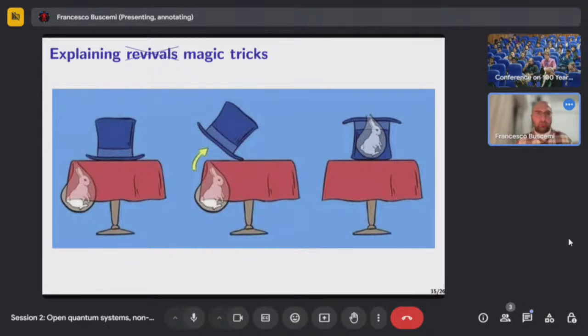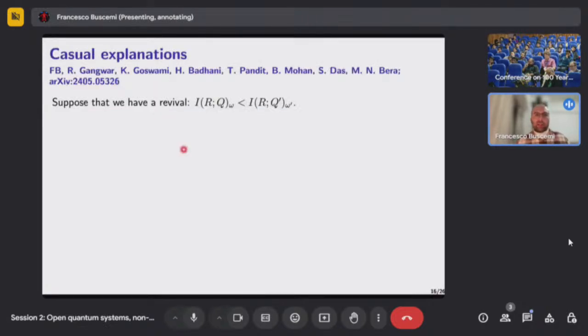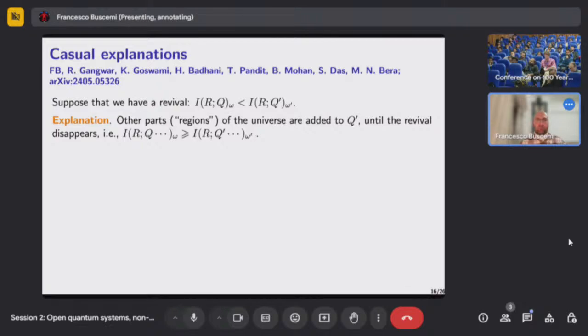So what does it mean, formally speaking, to explain a revival? So suppose that you have a revival. This is joint work with Gangwar, Goswami, Badani, Pandit, Mohan Das, and Bera. So suppose that you have a revival, all right? So you want to explain. What does it mean to explain?